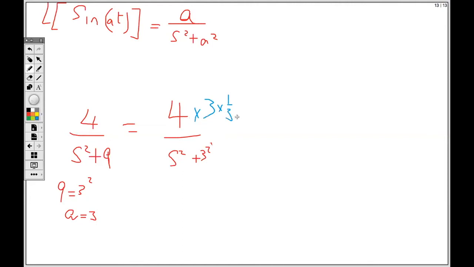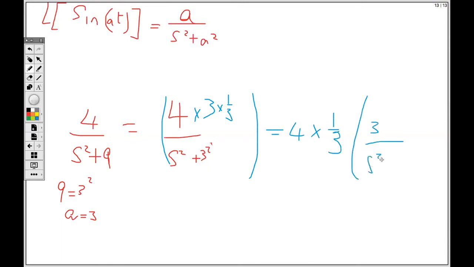So 3 times a third is 1, and 1 times 4 is 4, so I'm still having 4 here. Then the only value we want is a number 3 in the numerator. So let's put this in brackets. I am going to factor out the 4 and the 1/3. So factoring it out, I'll have 3 in the numerator, and then s squared plus 3 squared.